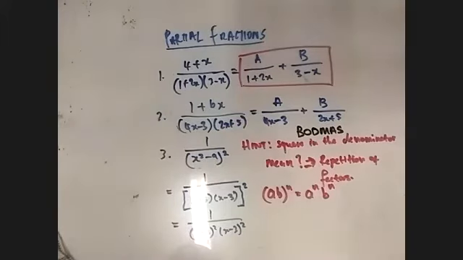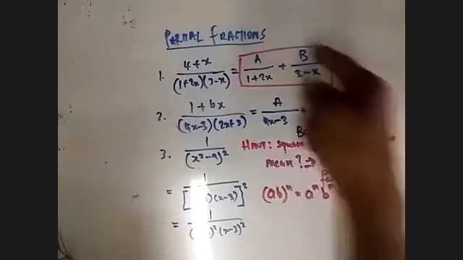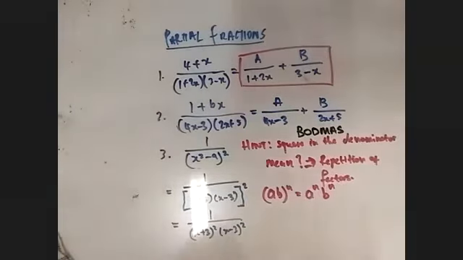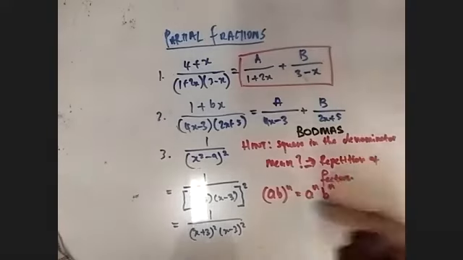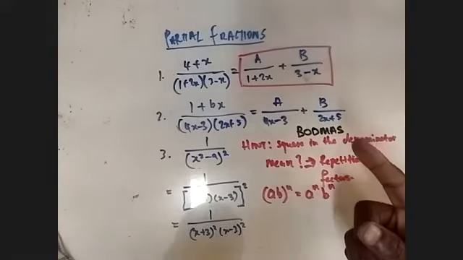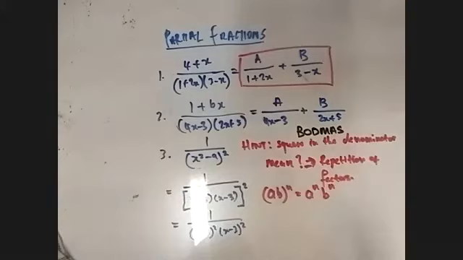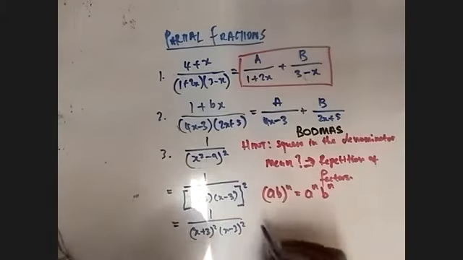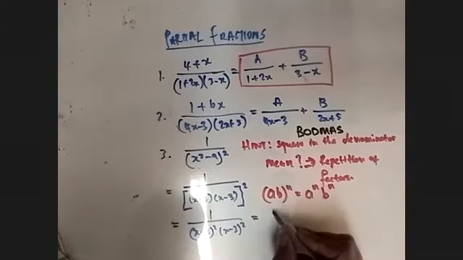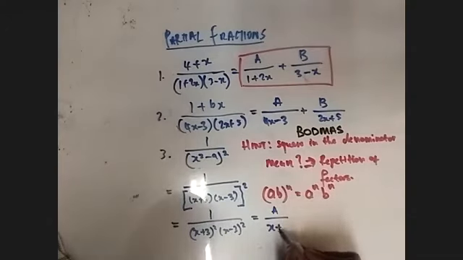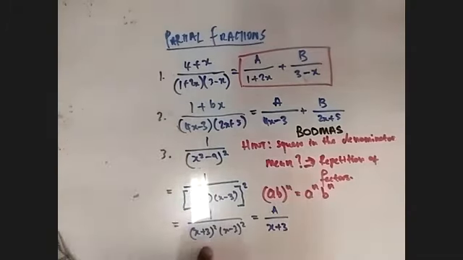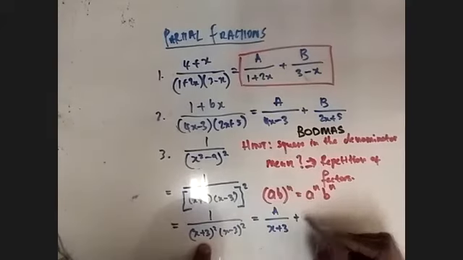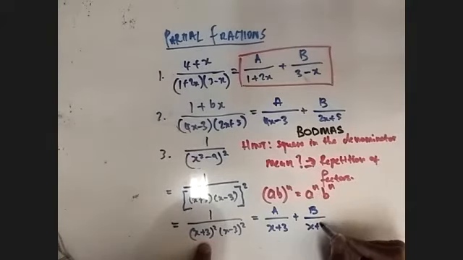Now we need to write this in a decomposed manner. Do you remember case number 2? Case number 2 says when you've got a repeated factor. So this is where the repeated part comes. We're going to have a over x plus 3, but x plus 3 comes in twice, so we're going to have b over x plus 3 squared.